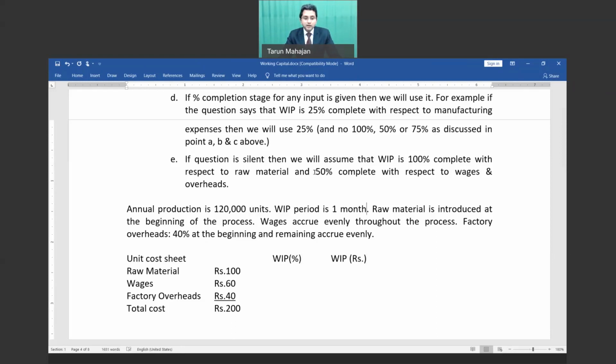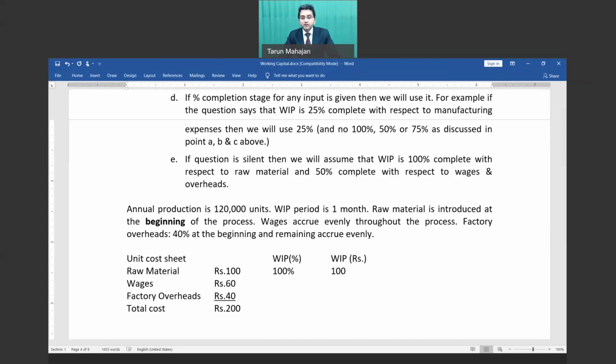See, raw material is introduced at the beginning of the process. So beginning 100, ending is always 100. 100 plus 100 divided by 2. Raw material is on an average 100% complete. WIP is 100% complete with respect to raw material. So that is 100 rupees.